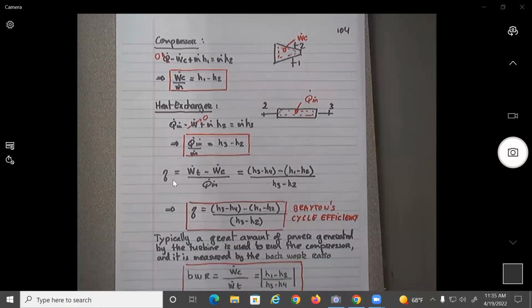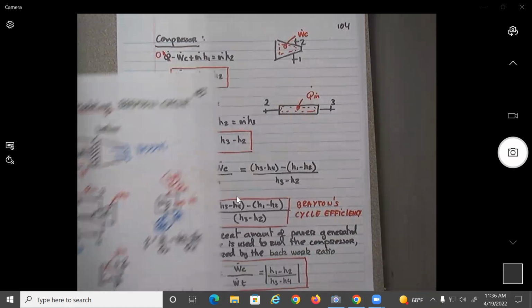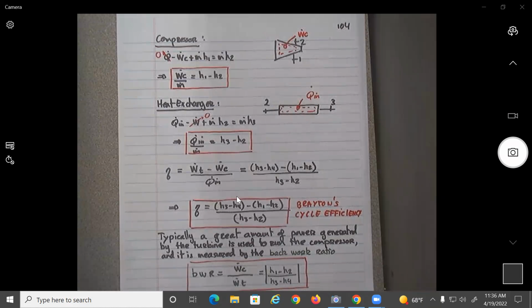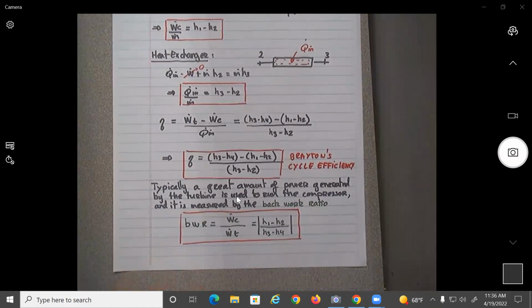So at the end, we substitute into this equation, the one we had over here. If we substitute directly, the Brayton cycle efficiency is given by H3 minus H4 minus H1 minus H2, divided by H3 minus H2. And this is what is called the Brayton cycle efficiency.